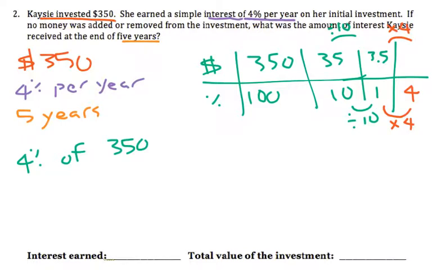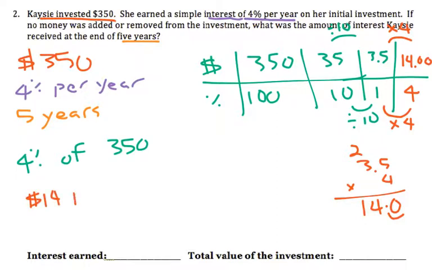If you do 3.5 times 4, 4 times 5 is 20, 3 times 4 is 12, 13, 14, and then move the decimal point over, we would get $14. Alright, so Casey gets $14 in interest per year.